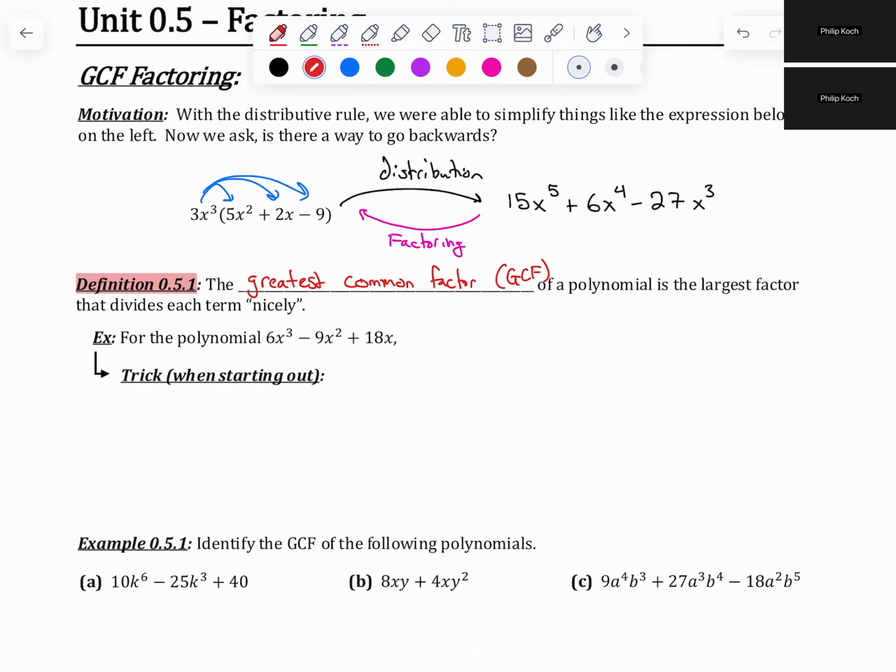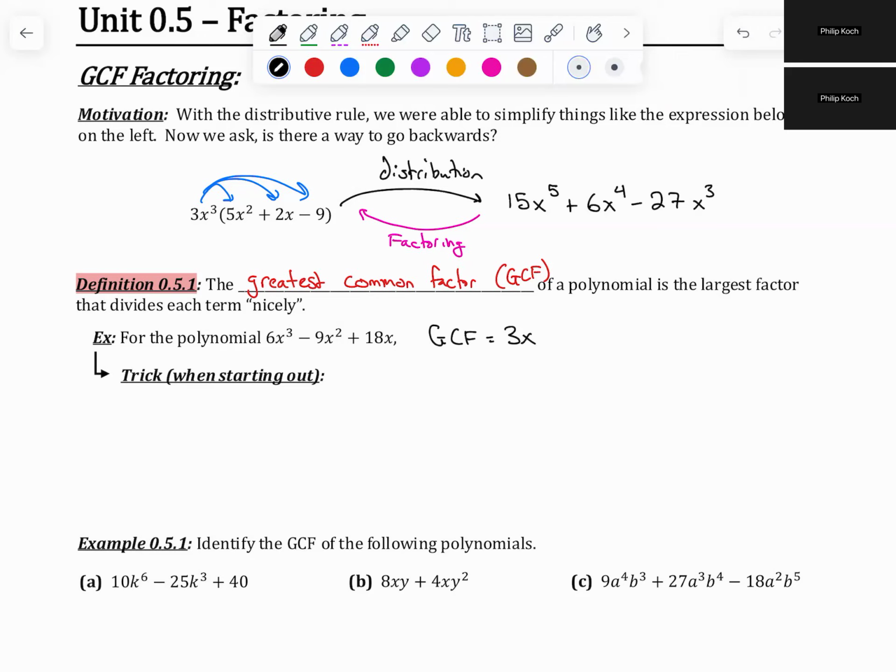So for the polynomial 6x cubed minus 9x squared plus 18x, the GCF equals 3x. Now, as you start off, you might be wondering, how did you figure that out?